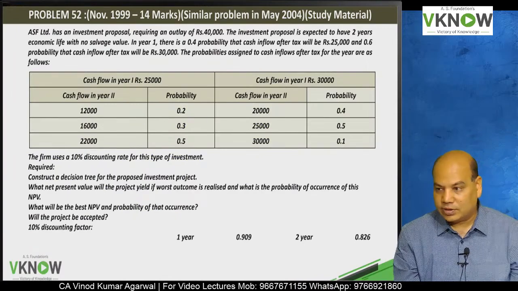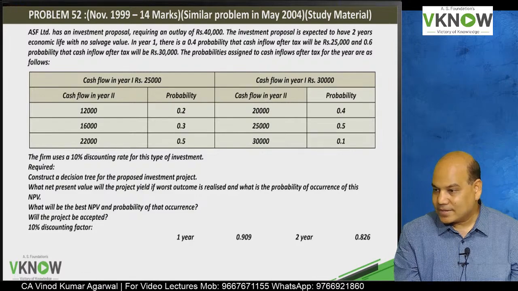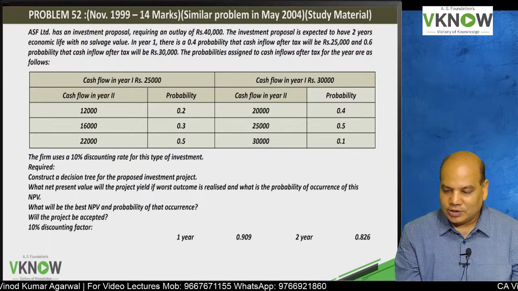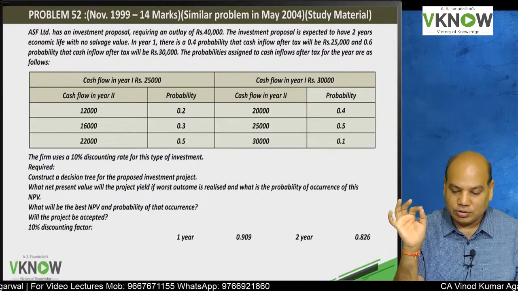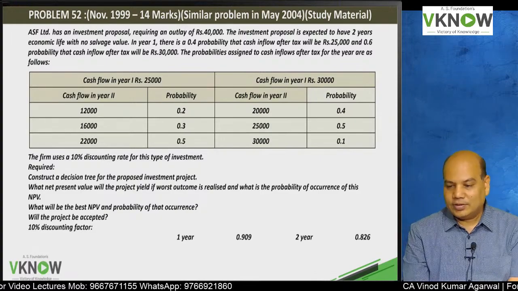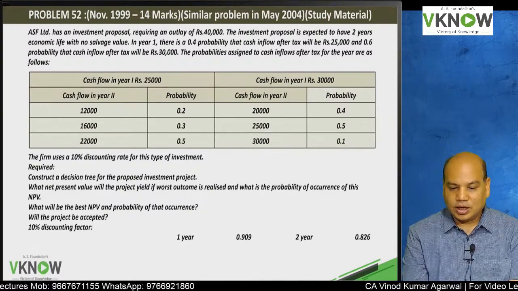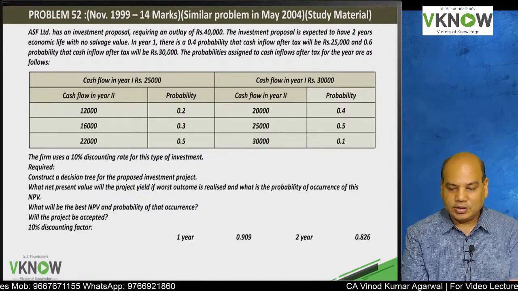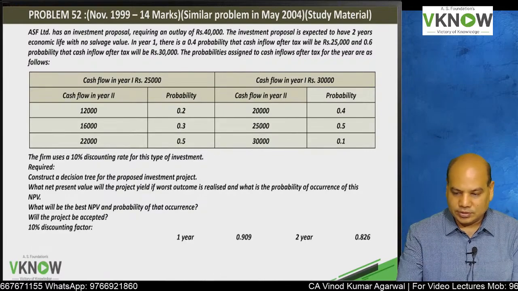ASF Limited has an investment proposal requiring an outlay of rupees 40,000. The investment proposal is expected to have only a 2 year economic life, 0 salvage value. In year 1, there is a 0.4 probability that cash flow after tax will be 25,000 and a 0.6 probability that cash inflow after tax will be rupees 30,000.